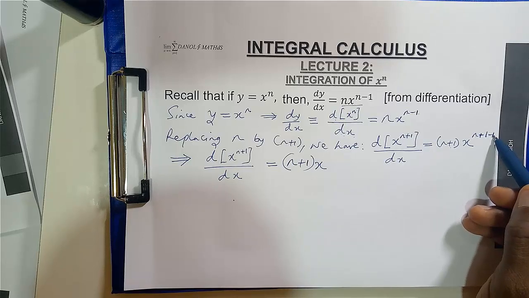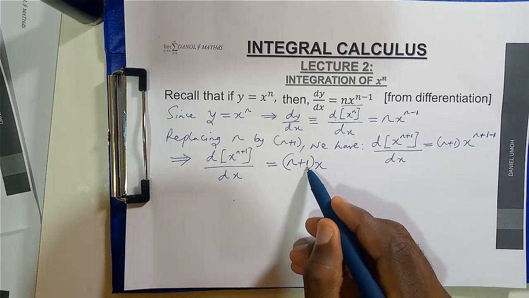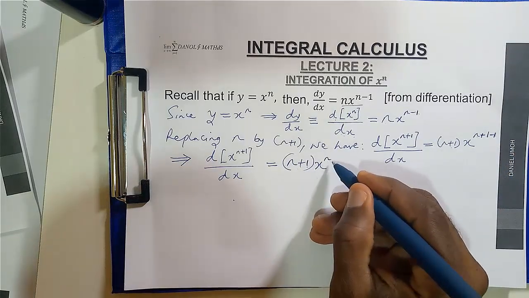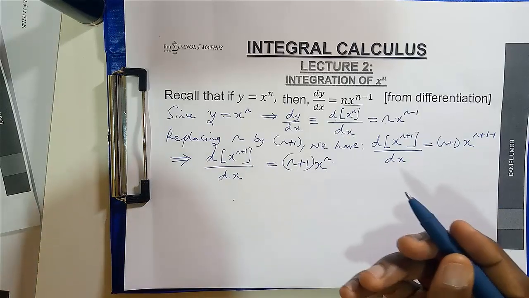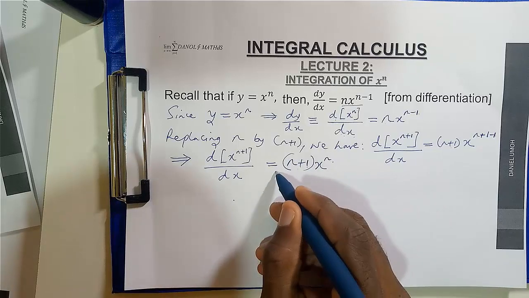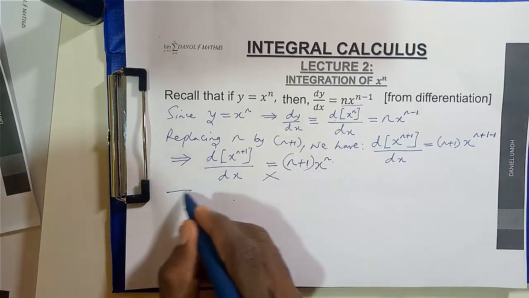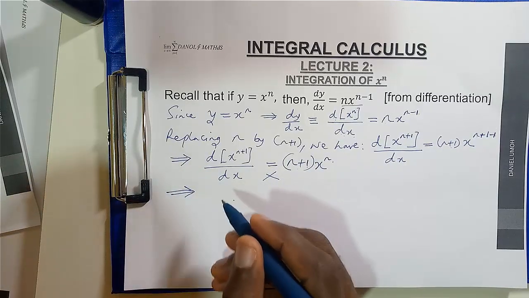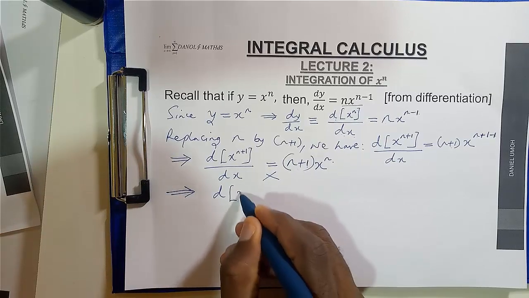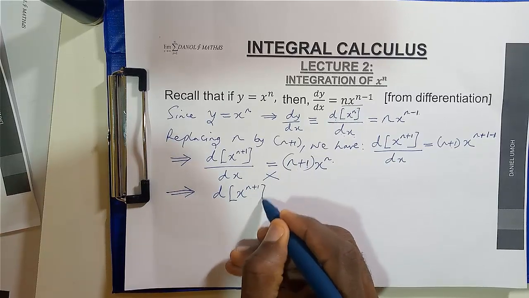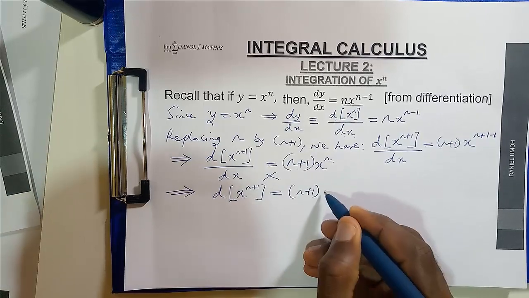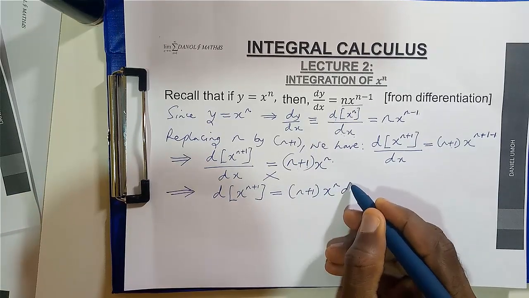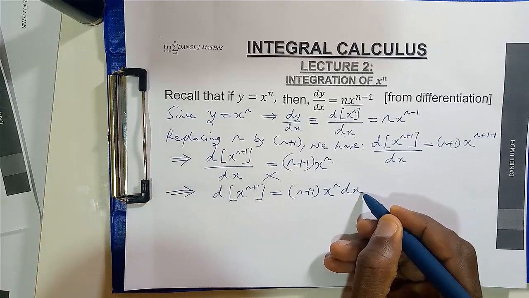So 1 minus 1 goes, and I'm left with n plus 1 x raised to the power of n. Now, cross multiplying both sides, we are going to have that d of x raised to the power of n plus 1 is equal to n plus 1 x raised to the power of n dx.